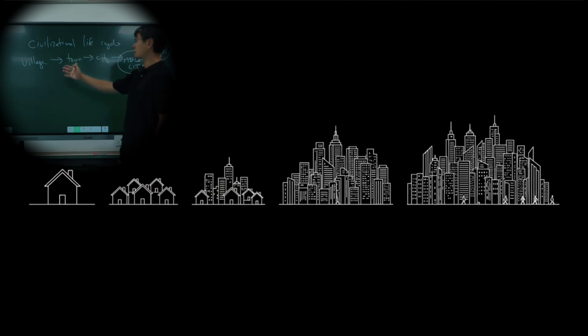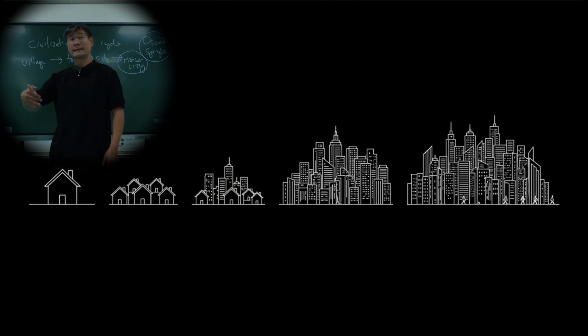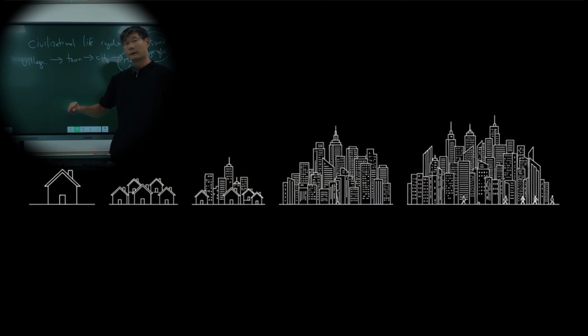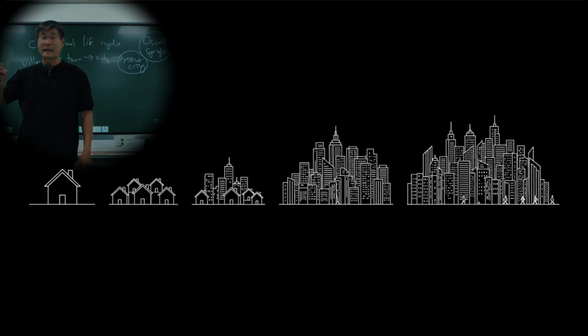Okay? You start off, so the Romans, right? The Qing dynasty. You start off in a village, then if you're successful in the village, you build a town, then when you're in a town, and you're successful, you defeat other towns and you build a city, and you become a megacity. Okay? And what Oswald Spengler says is, at the height of the civilization, it must now die.